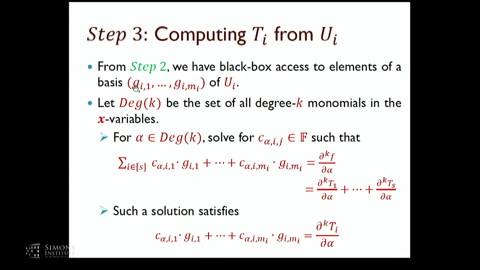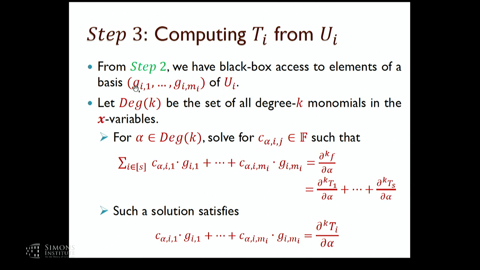So we are basically using the basis of the UIs to get access to the derivatives of the TIs, all of them. Right? And this is how you do it, because you do it for each and every alpha. And the reason this holds is because of the non-degeneracy condition, because of the direct sum structure of the UIs.